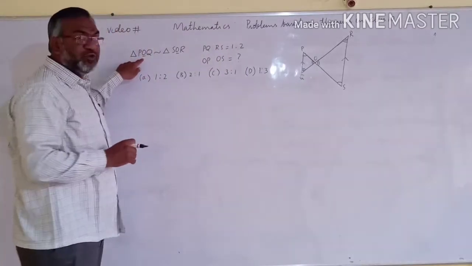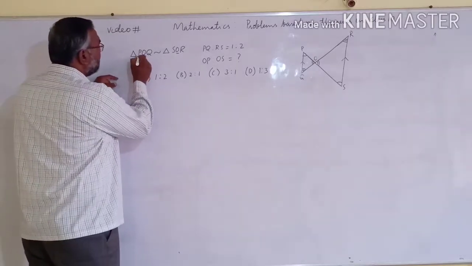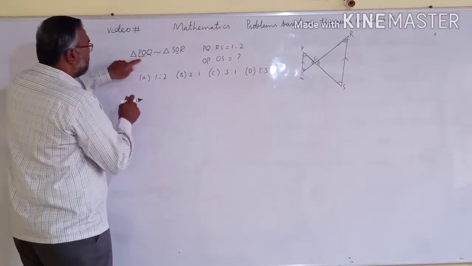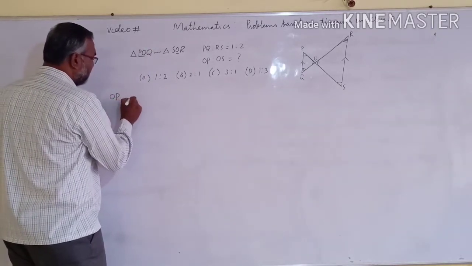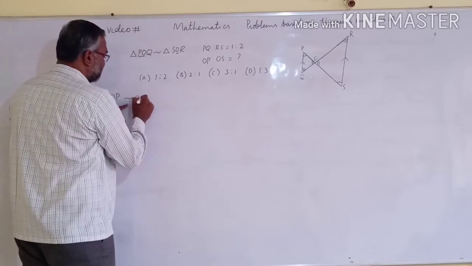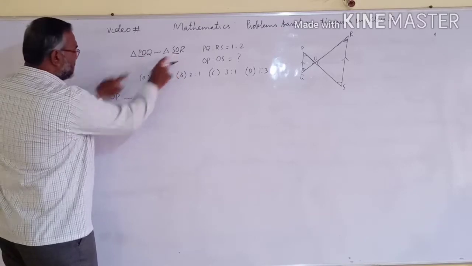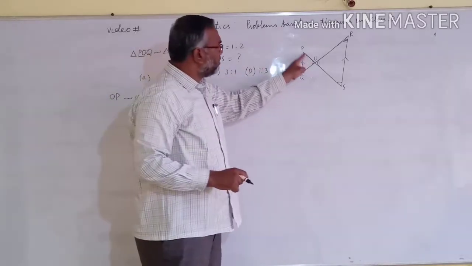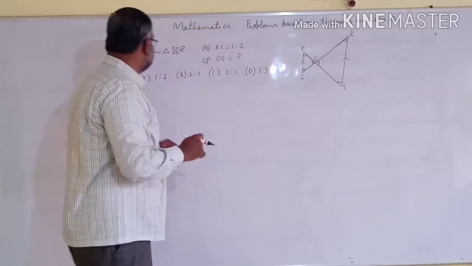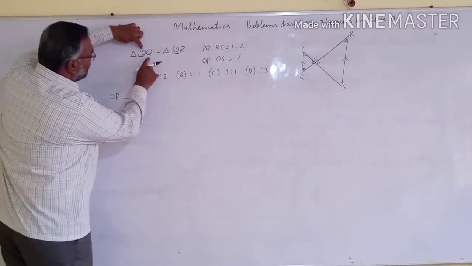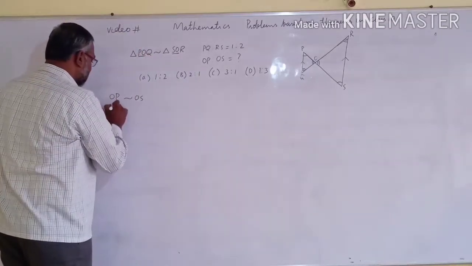If you write the corresponding sides, first OP will be corresponding to OS. See the first two letters here. So side OP is corresponding to OS. And the second and third letters, OQ is corresponding to OR.